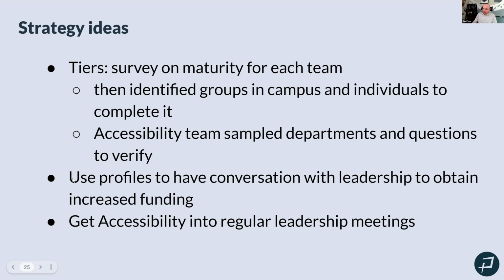Another strategy is to use the profiles to have conversations with leadership to get more funding. So if you're an accessibility champion, you can say, here's where we're at. Here's our goal. This is what it would take to get there. And then somebody has to say yes or no. And that can be powerful, because if they say no, they have to really think about that. And then, obviously, you tried.